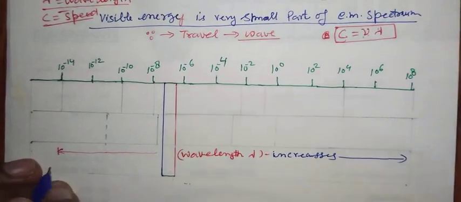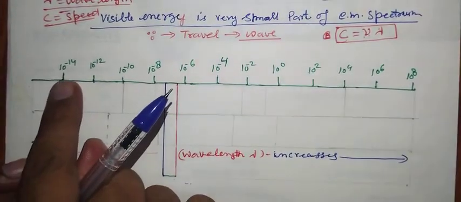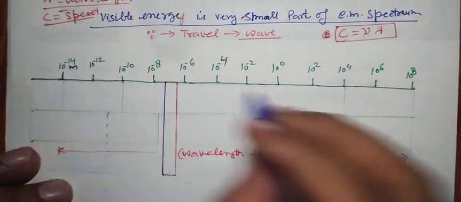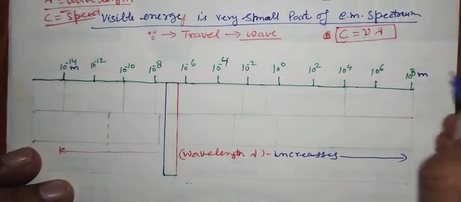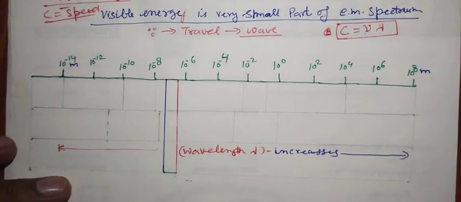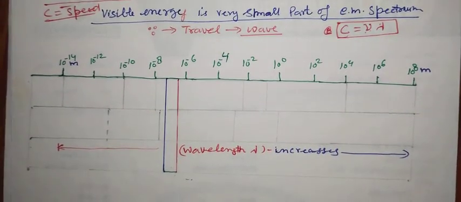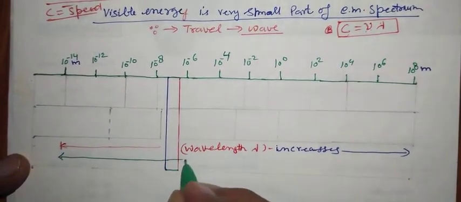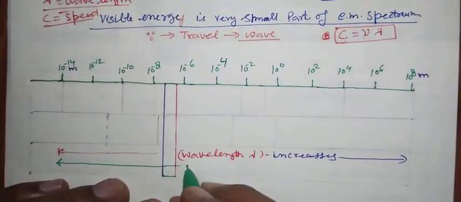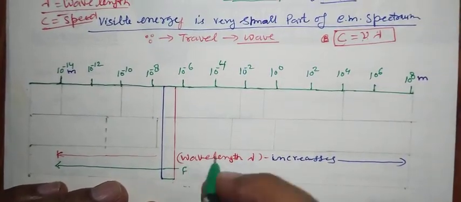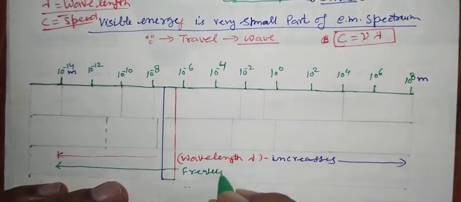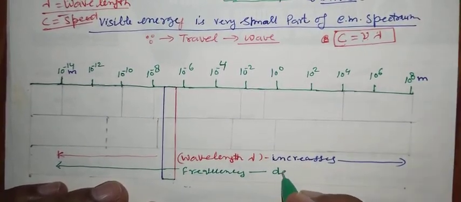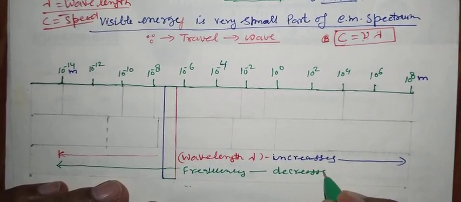It is on a scale given from 10 to the power minus 15 meter to 10 to the power 8 meter, and in the same range, its frequency decreases.